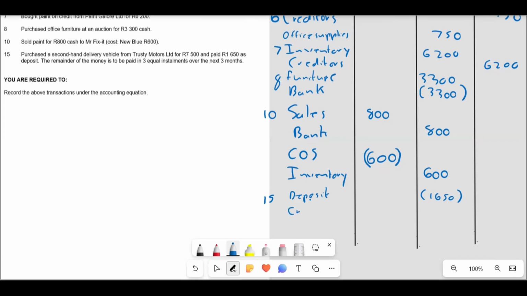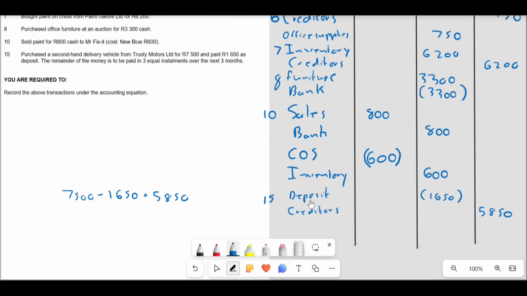So therefore, we have a creditor now because we have to pay someone money in the long term. Which is going to be 7,500 minus 1,650, which is equivalent to 5,850. Therefore, we have a liability of 5,850. Therefore, our liabilities would have been credited by 5,850.